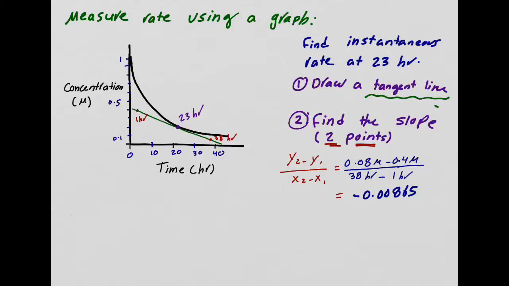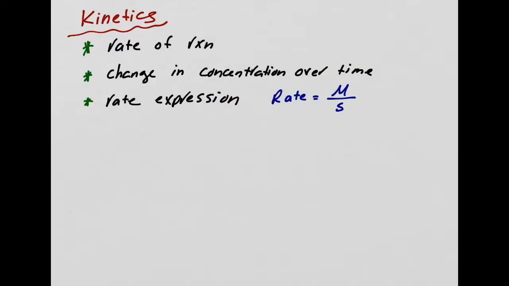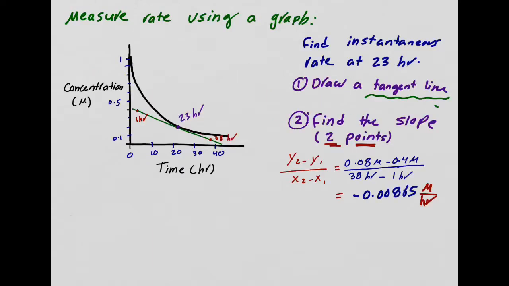This really matters. What is the unit of the slope? It would be molarity over hour. Molarity over time. Well, guess what? Wasn't that the unit for rate? Yeah. So we just used a graph to be able to do this.